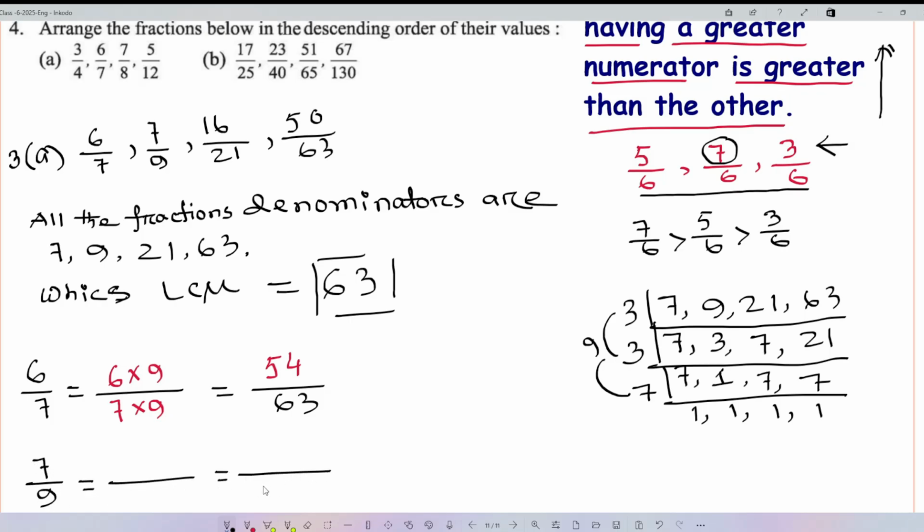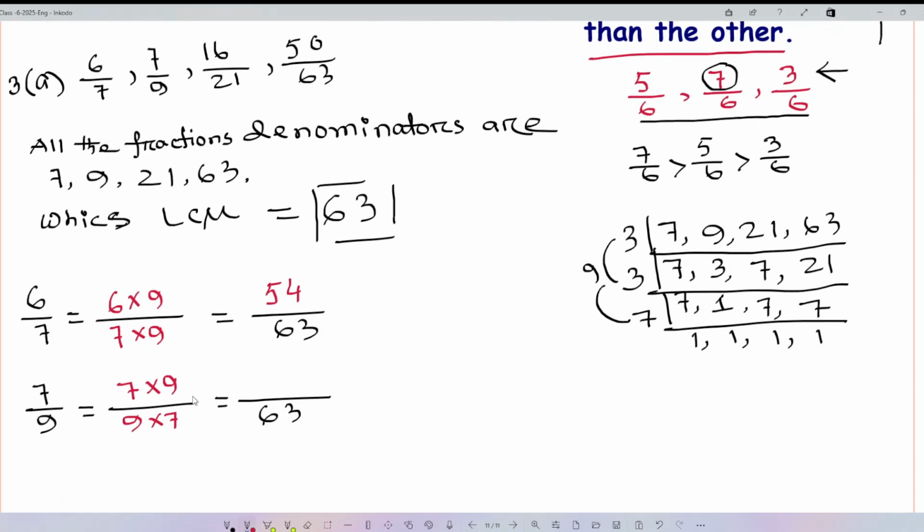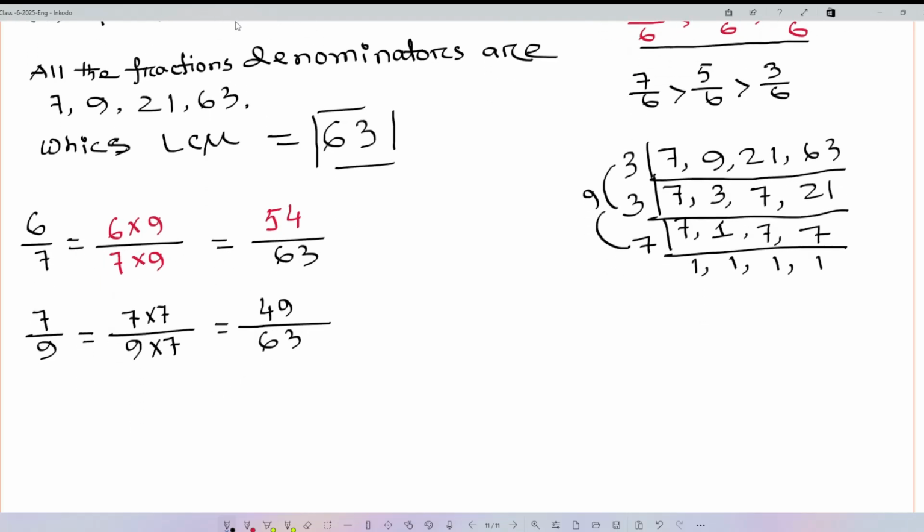So here obviously 63, and 9 times 7 is 63 and 7 times 7 is 49.